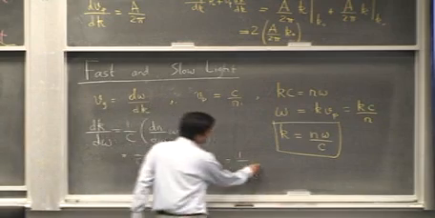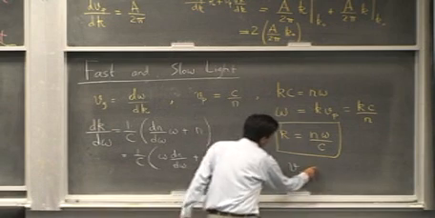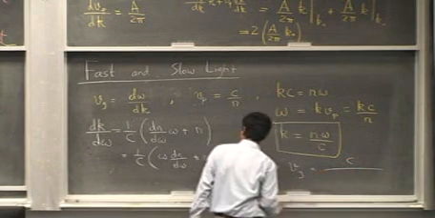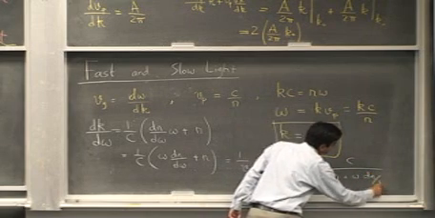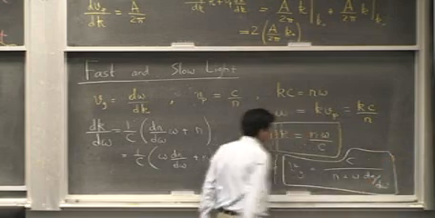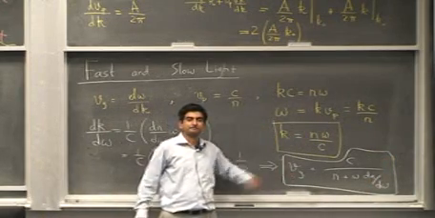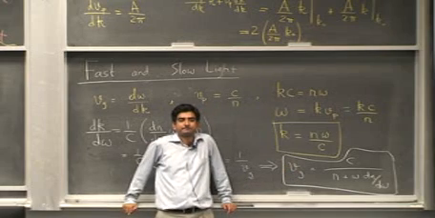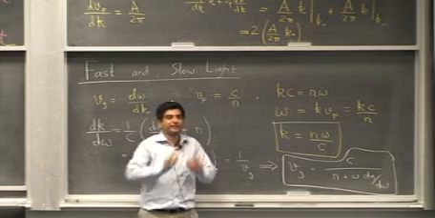So what my Vg is, c over n plus omega dn over d omega. This is my group velocity. So I have lights of different frequencies.